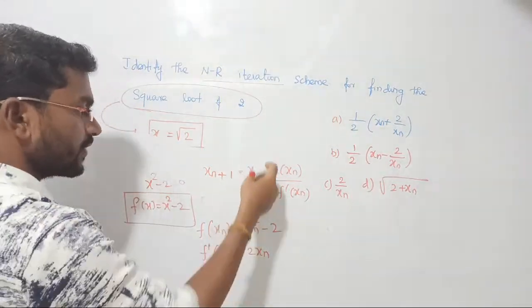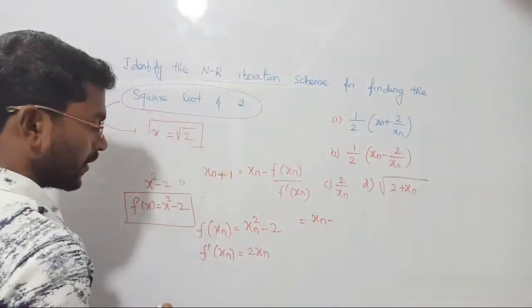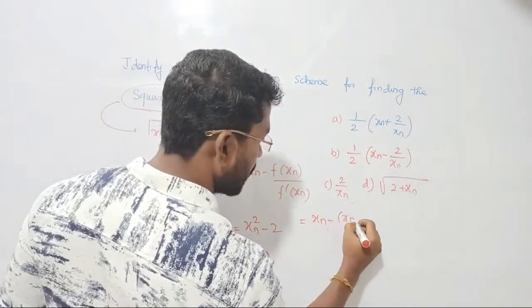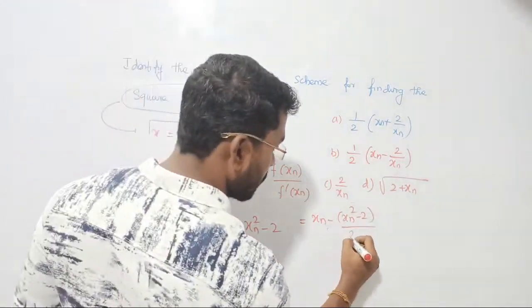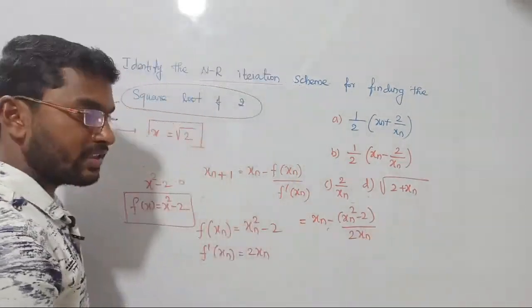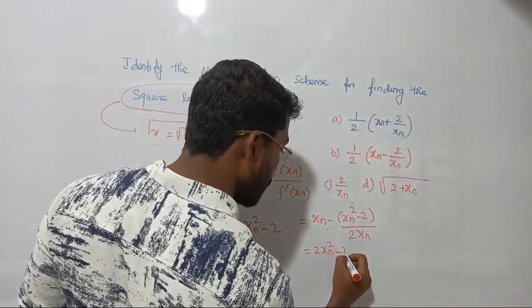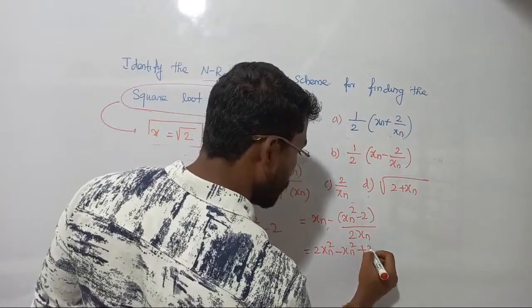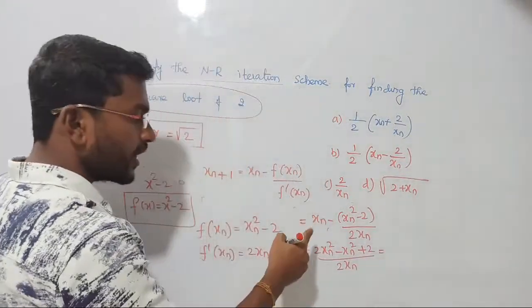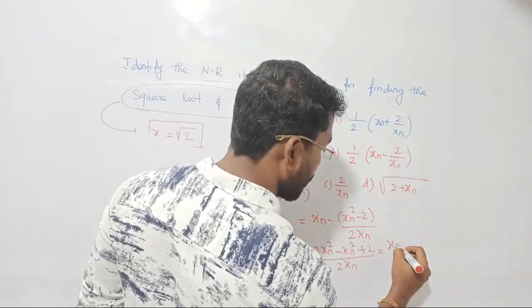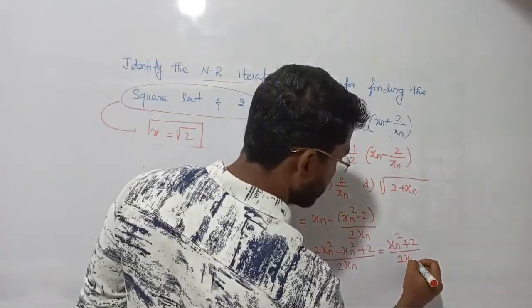Let us substitute this value here, such that this is xn minus f of xn, that is xn square minus 2, upon f dash of xn, which is 2 times xn. If I take the cross product, it will become 2 times xn square minus xn square plus 2 upon twice of xn, such that 2xn square minus xn square will become xn square plus 2 upon 2 times xn, right?